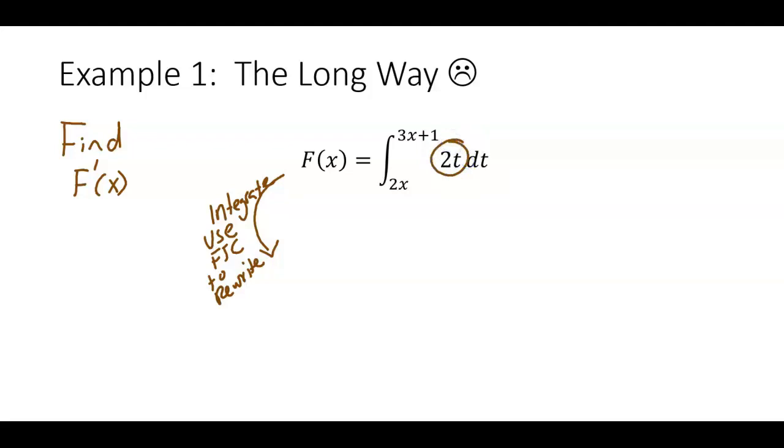If I integrate 2t, what do I get? If I integrate 2t, I would get t squared, right? And then you put your limits out here.